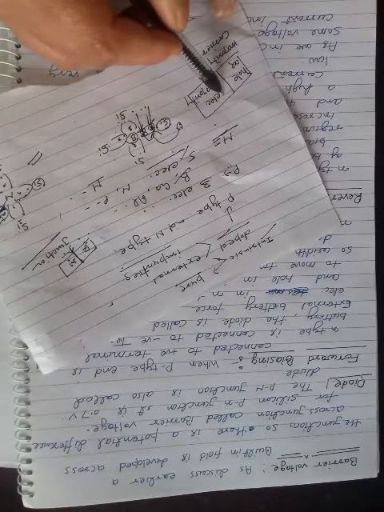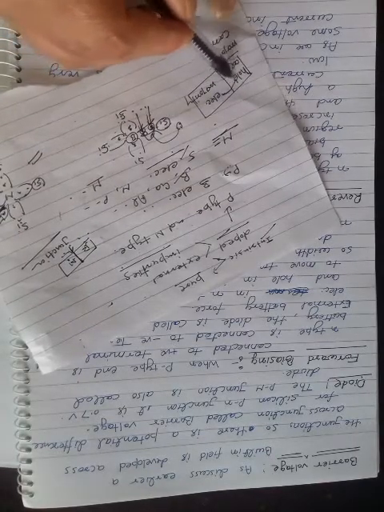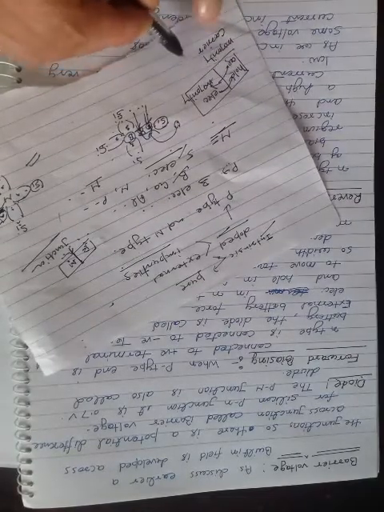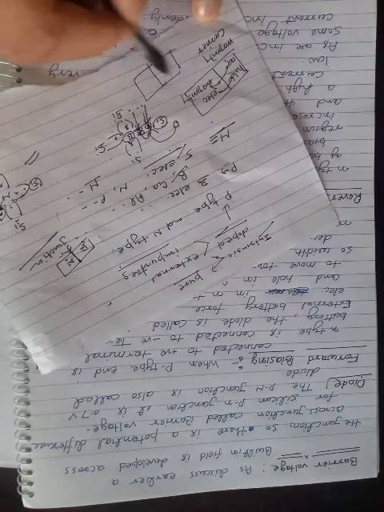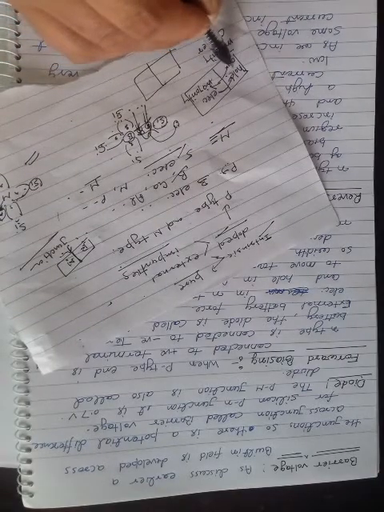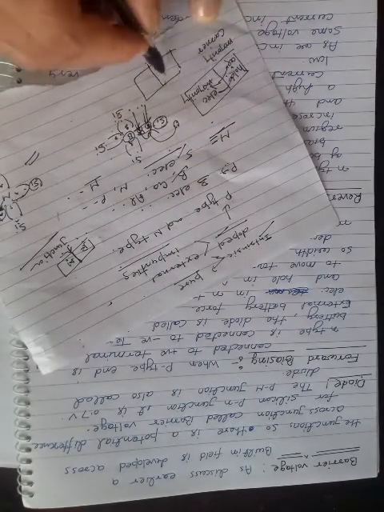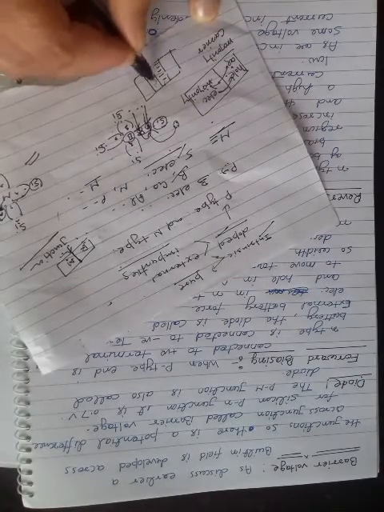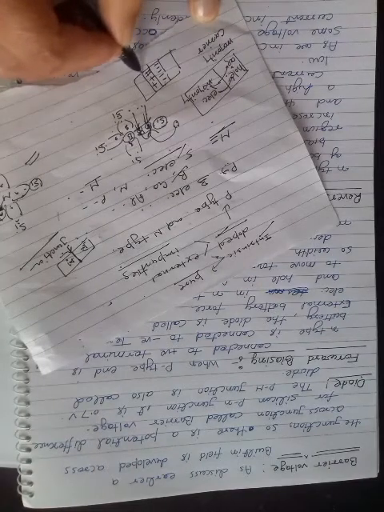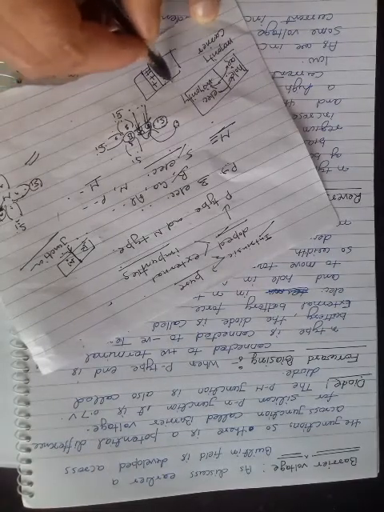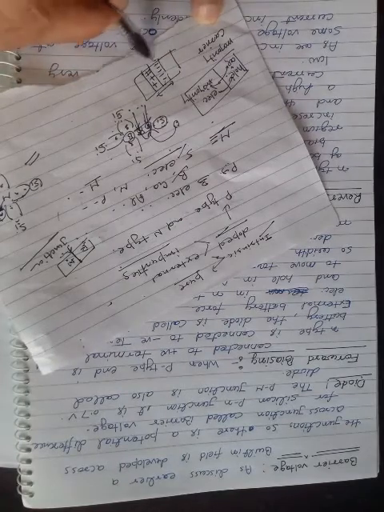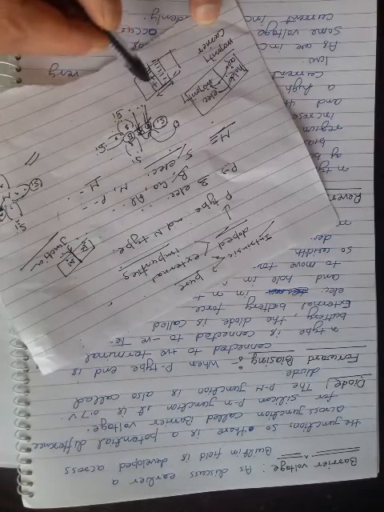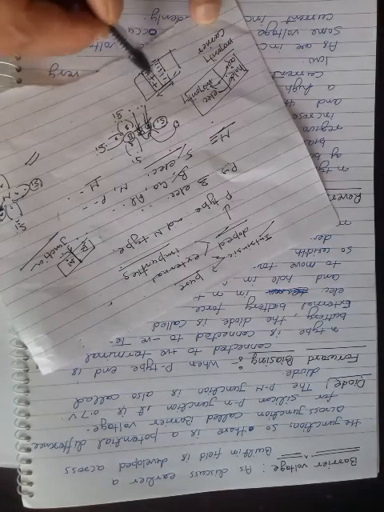So electrons will move from this side to this side, and holes will move from this side to this side. If electrons are moving from this side to this side and holes are moving from this side to this side, there will be a net negative charge on this side and a net positive charge on this side. This is called the depletion region, where there are positive and negative charges.